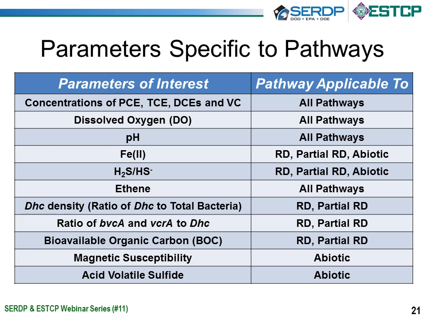So these new ones included the Dehalococcoides density, that is the ratio of Dehalococcoides to total bacteria. We also had the ratio of the reductases to Dehalococcoides, and we have biologically available organic carbon, or BOC, magnetic susceptibility, and acid volatile sulfide.